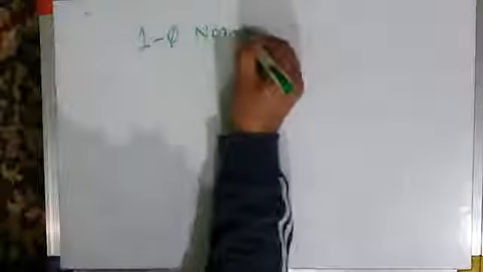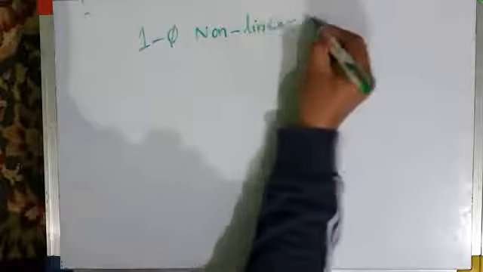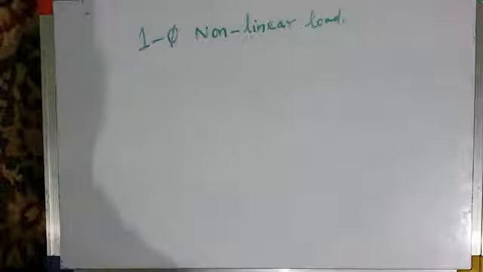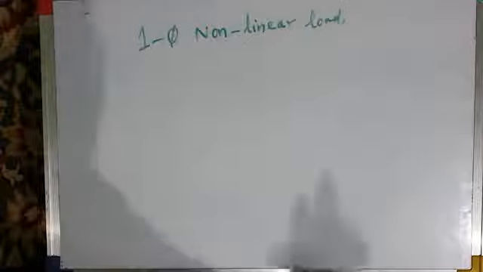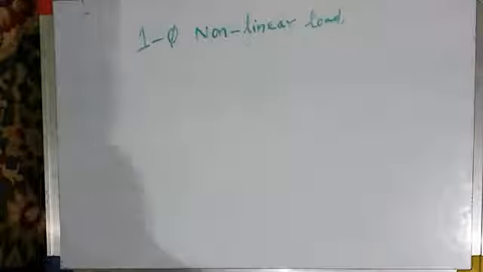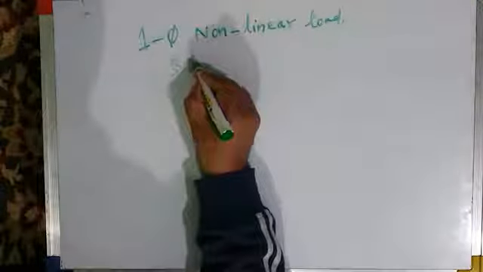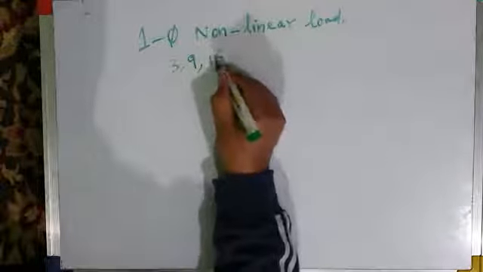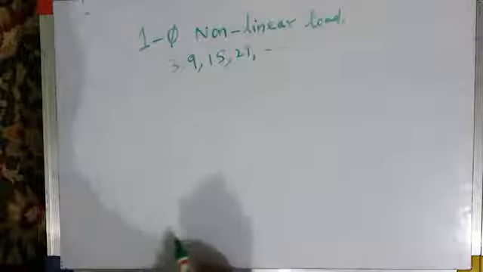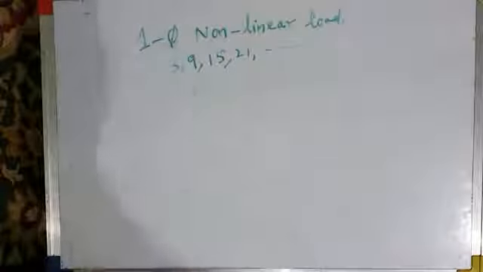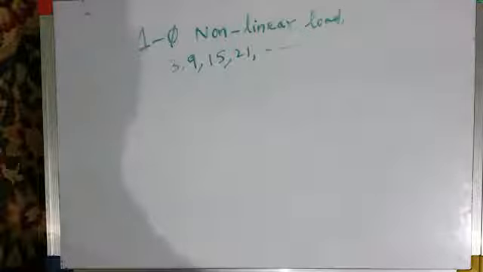Whether it's an induction heater, induction cooking system, inverter AC, LED lighting system, TV power supply, or computer power supply, they are all examples of single phase non-linear loads. And these single phase non-linear loads draw a strong third harmonic component and multiples of third, that's 9, 15, 21 and so on. And there is widespread use of these single phase nonlinear loads in domestic as well as commercial applications.